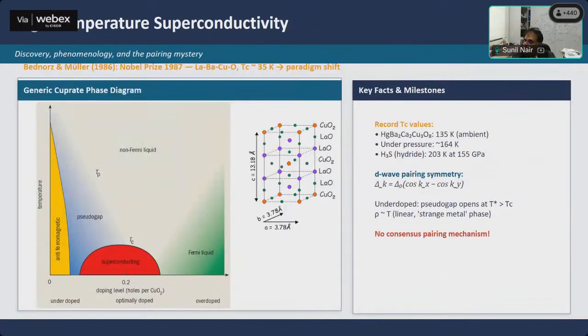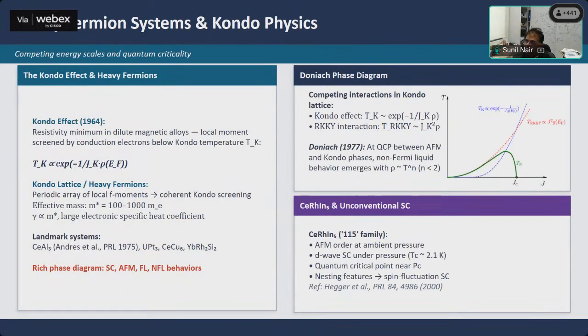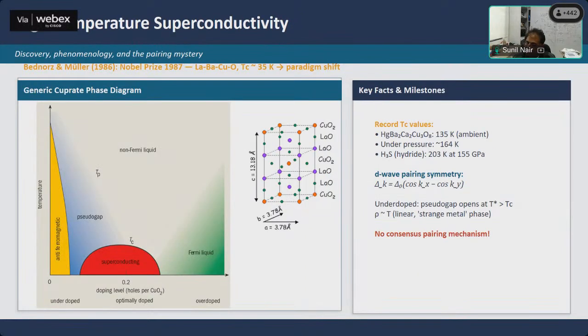Now, moving from the heavy fermions and bare Kondo physics part to high temperature superconductivity. What I am talking about here is the cuprate phase diagram. As you know, superconductivity was discovered by Kamerlingh Onnes a little over 100 years ago, in mercury.